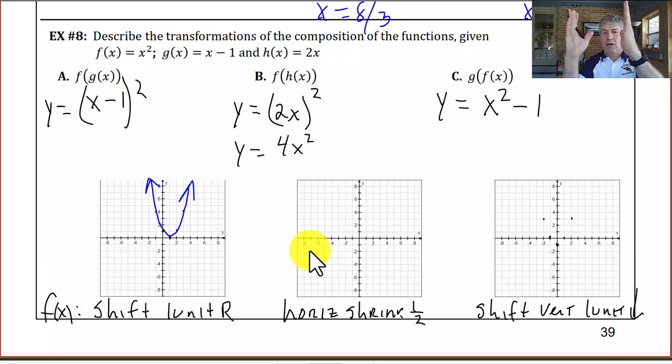We're shrinking horizontally by a factor of 1/2. That's that reciprocal of 2. And our new graph is squeezed, so now we're graphing 4x squared. So it's really going to squeeze that graph. We're going up 4 times as high here, or a horizontal shrink by a factor of 1/2.